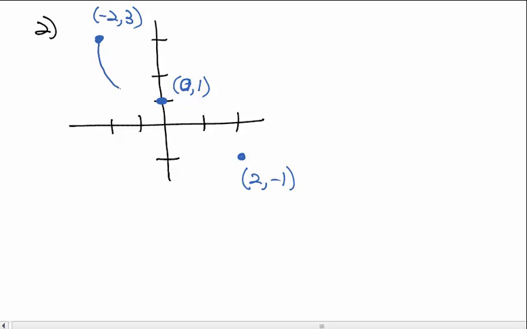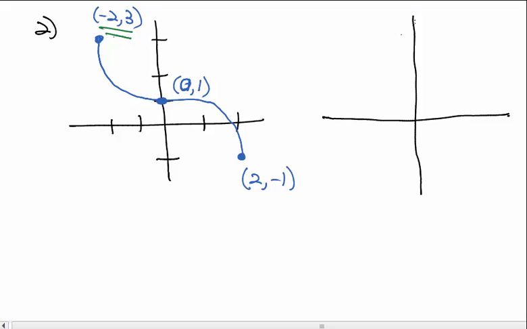I'm going to connect them with a loop. Now, if we wanted to graph the inverse of this function, the inverse is going to do much the opposite thing. The x's and y's are going to switch, which means this first point, negative 2, 3, is going to switch orders to now being 3, negative 2.